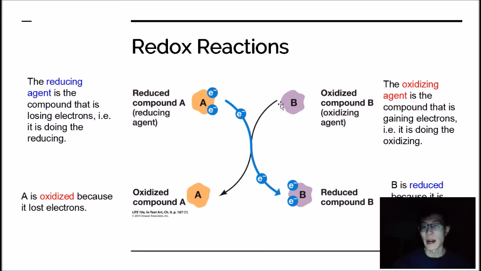Now if we look at the opposite end, B starts out oxidized, because it doesn't have those extra 2 electrons, and then it gains the electrons with this reaction, and so B becomes reduced. So B starts out as oxidized and becomes reduced.